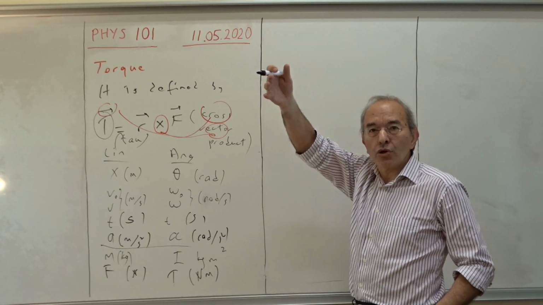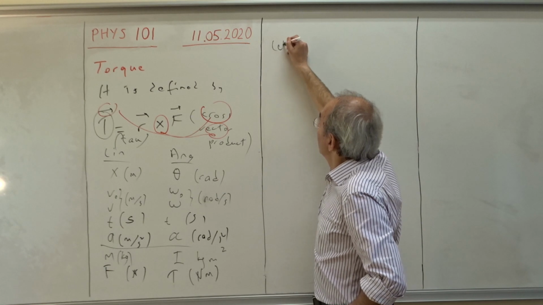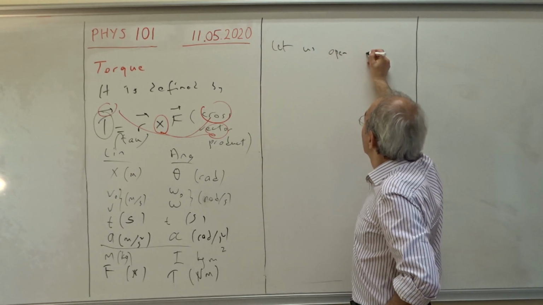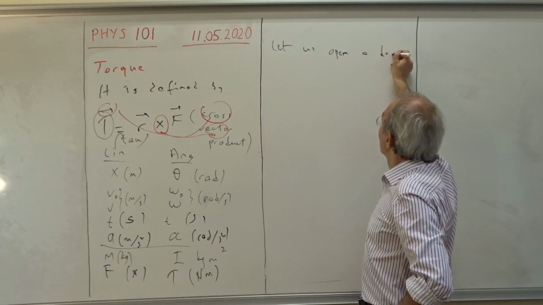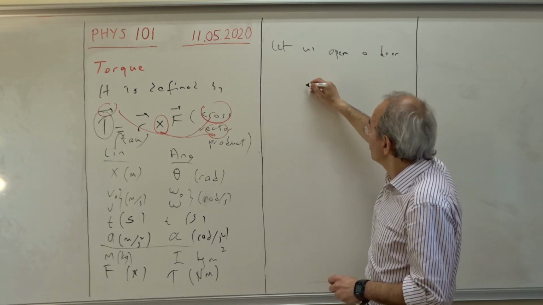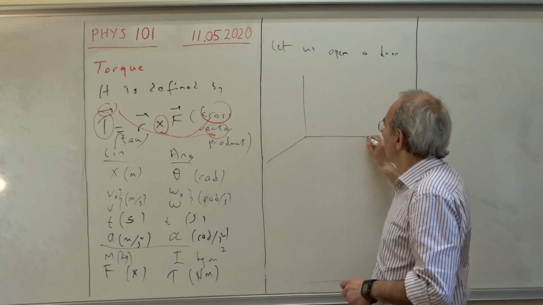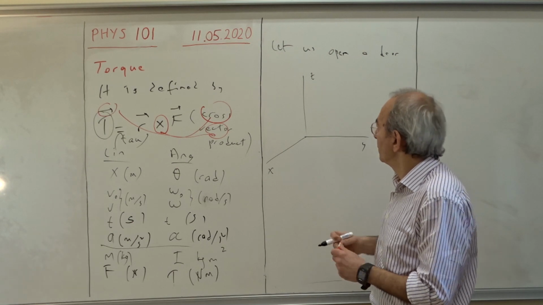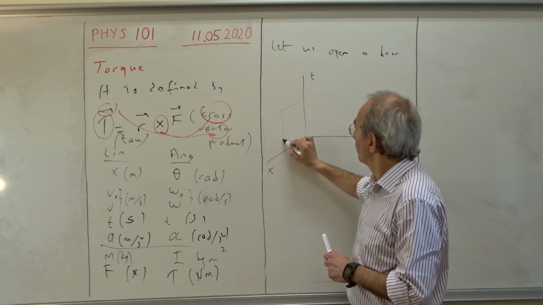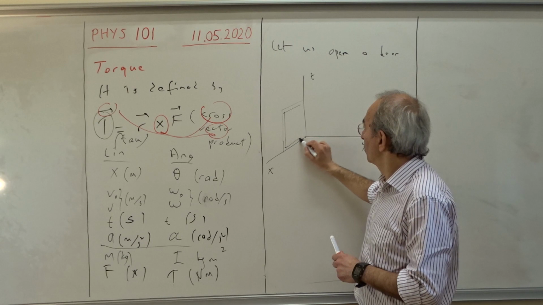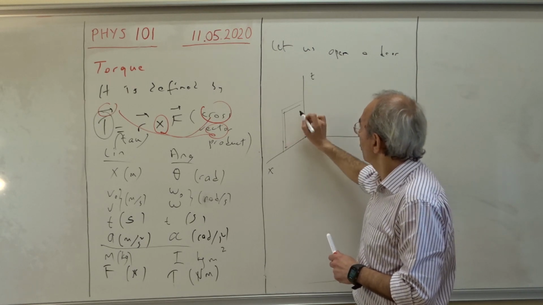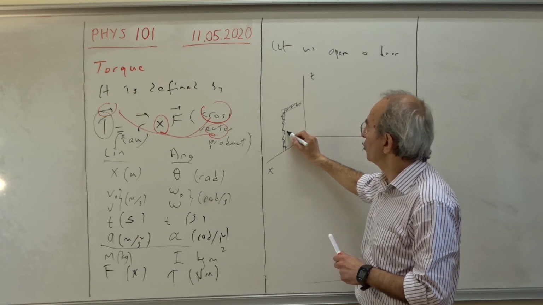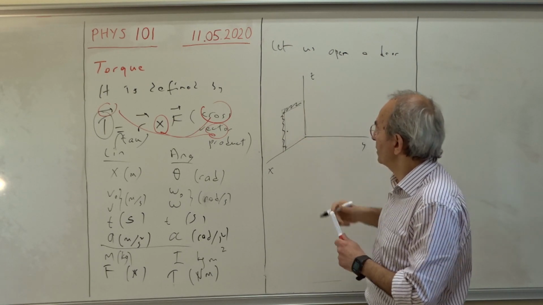Let us, without any calculation, open a door. So let me draw an xyz system and a door. So this is the door. There is a knob here and this is the axis.